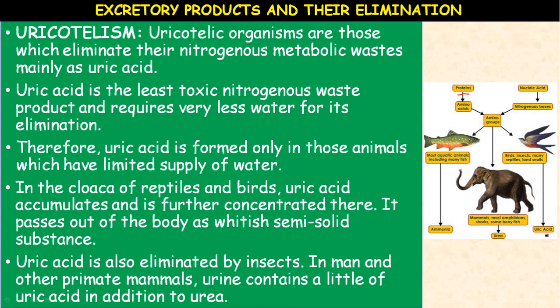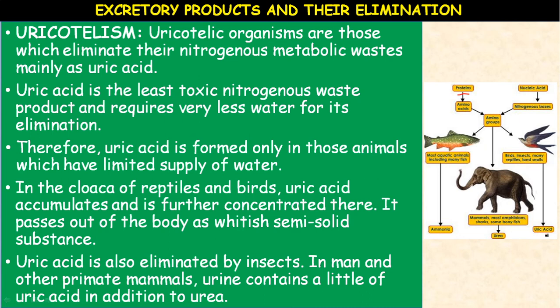Okay, the process in which the amino acids are converted to ammonia is called ammonotelism. If the amino acids or the proteins are converted to the nitrogenous waste called urea, then it is called ureotelism. If it is converted to uric acid, then it is called uricotelism. Examples for ammonotelism: fishes, tadpole larvae.